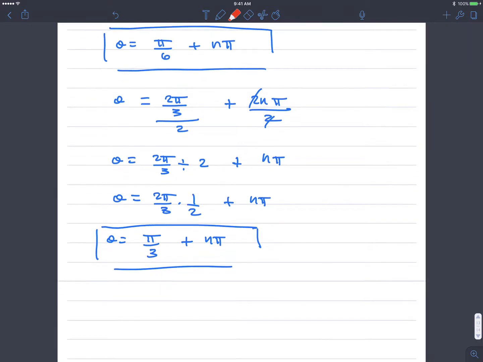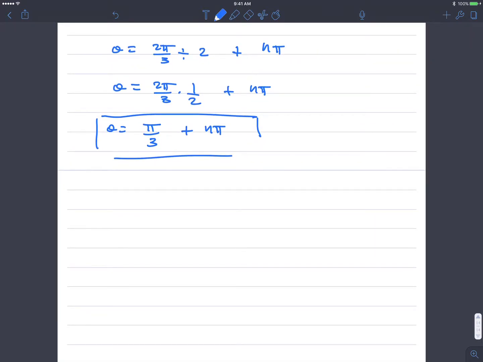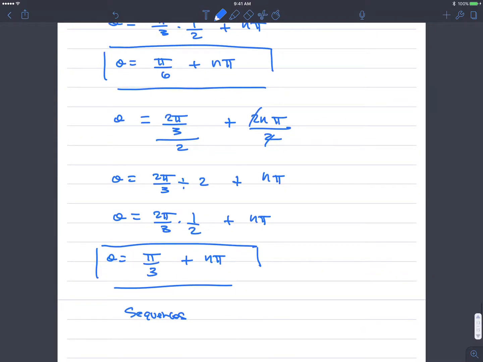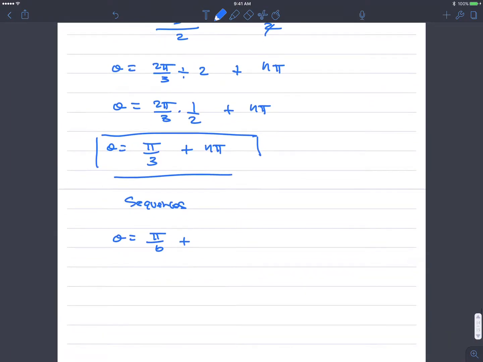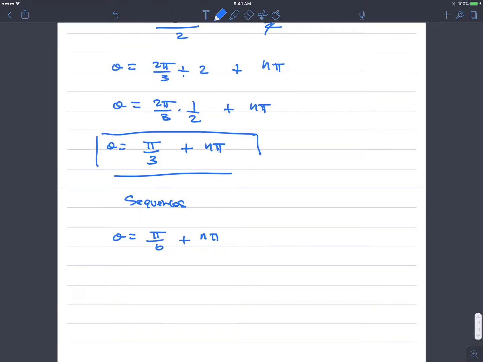What about how about I say this now? What about these sequences? How do I get sequences? Let's get the sequences. So we'll have theta here being pi over 6 plus what? N pi. Multiply both top and bottom by 6.